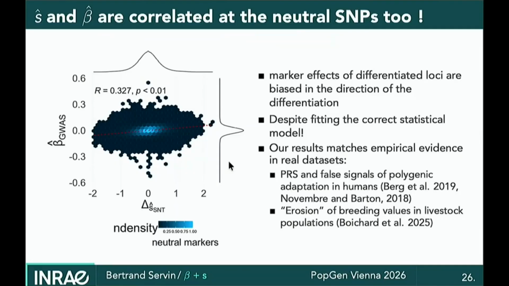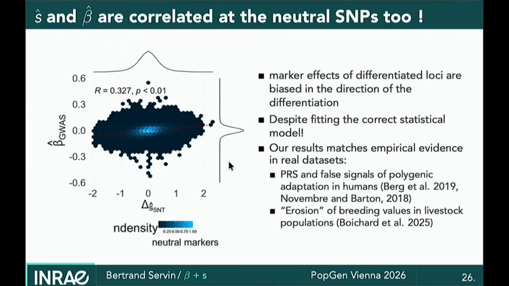In another context, there's something that happens in animal breeding, called erosion of breeding values. The basic idea is that in genomic selection, when a new calf is born, you genotype it and you estimate its breeding value to know if it's going to be good for whatever trait you're looking at. And what's been shown is that your prediction of its merit is usually overestimated for the good ones.